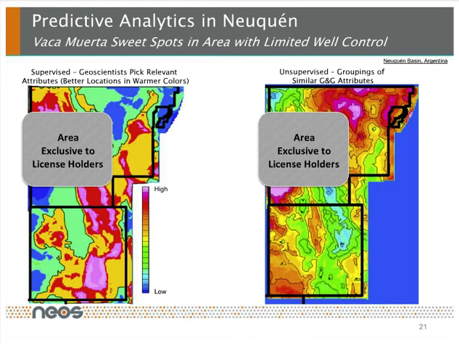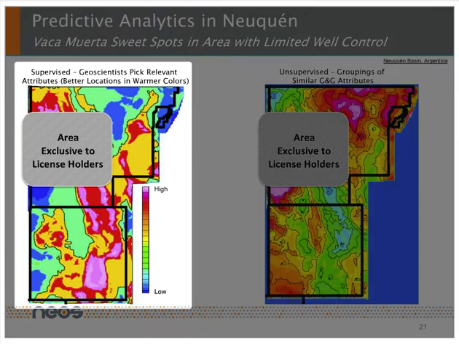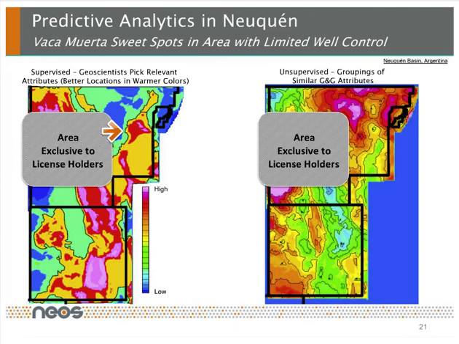The results of the predictive analytics are shown in this slide. The left-hand plate is the interpreter supervised result. We see in the hot colors the pinks, the reds, the oranges, the areas most like the data sets that the interpreter wished to find.